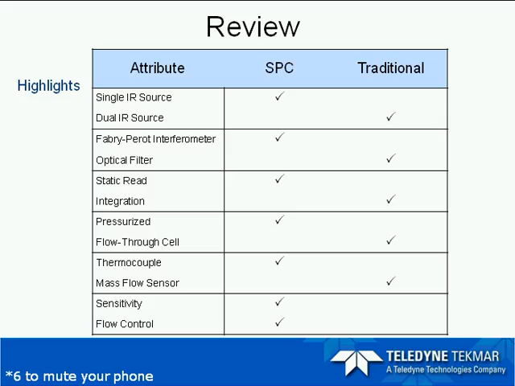In sensitivity, by far, we believe the sensitivity of SPC is much better than traditional flow-through cell. And of course, the mass flow controller. Flow is controlled through a mass flow controller that gives you immediate and point-to-point flow of your gas flow throughout your system.